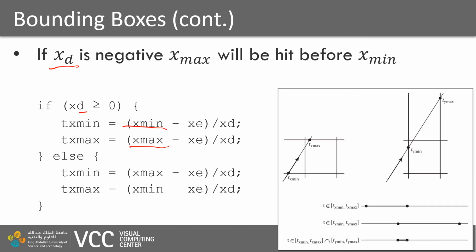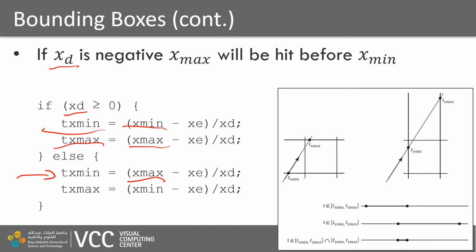So if xd is bigger than 0, so it's positive, or 0, which would not make much sense, but positive, then the order is the same. For Tx min, we are using the x min. For the Tx max, we are using the x max. However, if we are having the negative, then we are first intersecting the x max line.